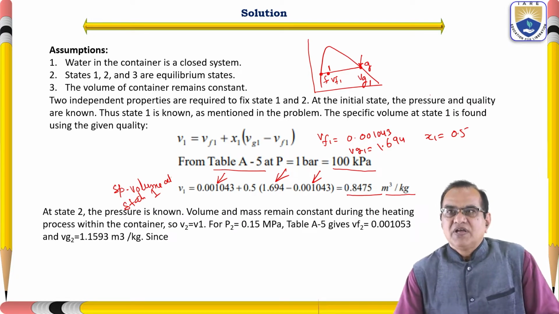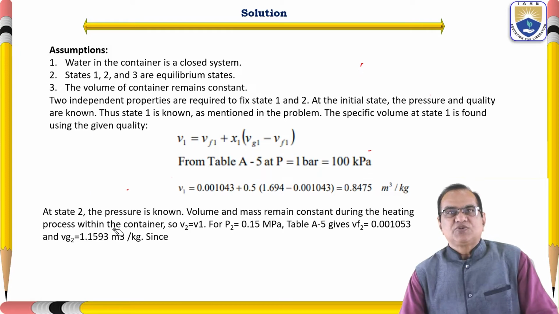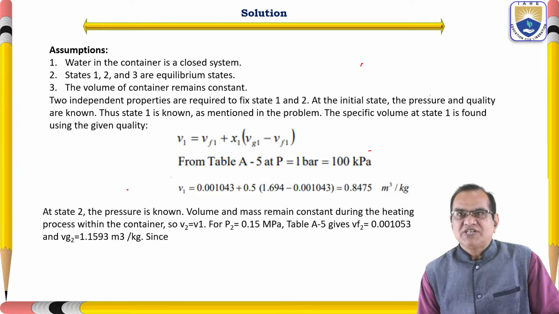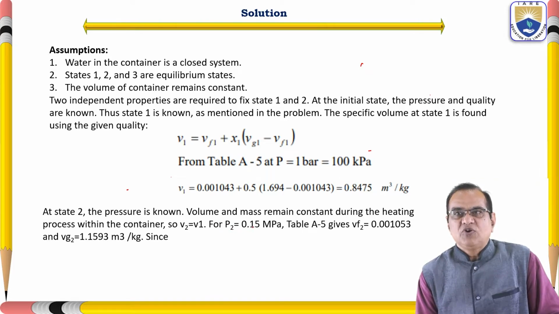Now at state 2, the pressure is known, and volume and mass remain constant during the heating process within the container. So volume is constant, V2 equals V1, for P2 equal to 0.15 megapascal.